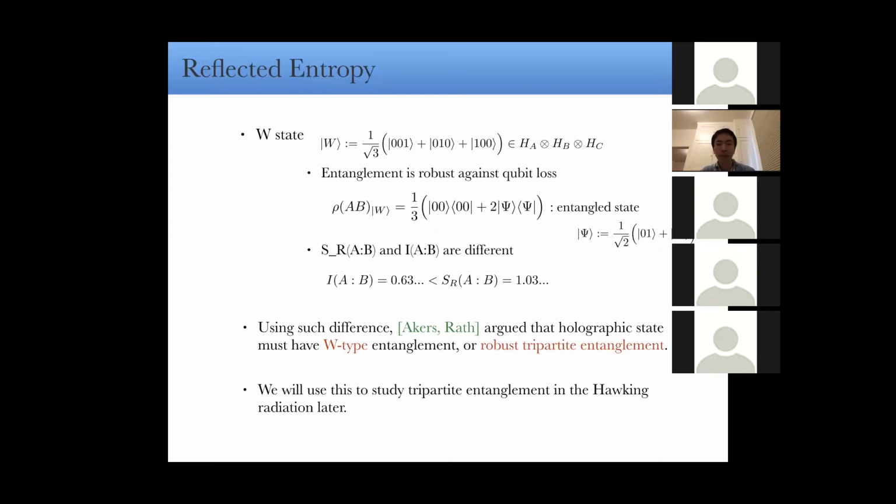So if you trace out one of the qubits, the resulting state is indeed an entangled state. So we could say that by seeing the difference between reflected entropy and mutual information, we can see whether there's a robust entanglement, or we could call it the double type tripartite entanglement.